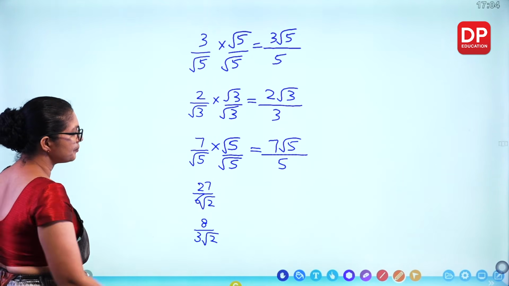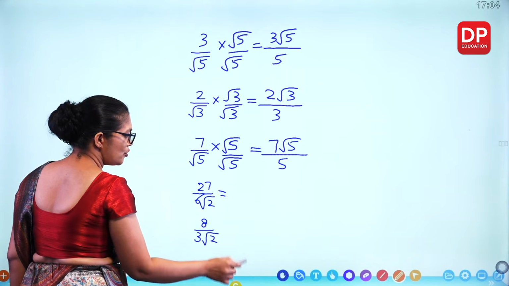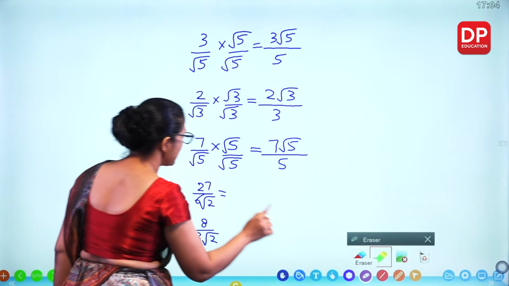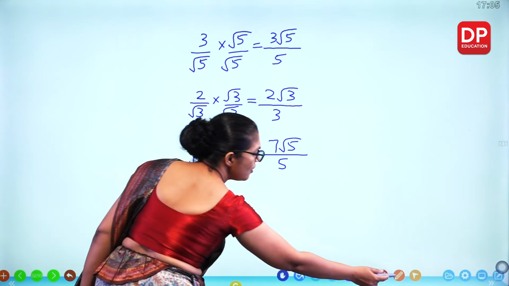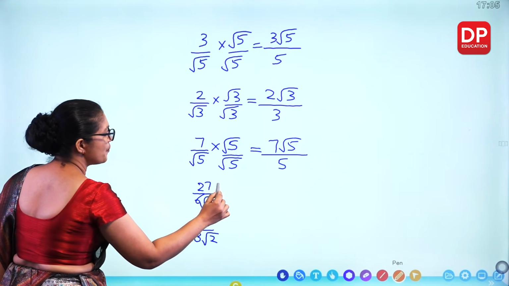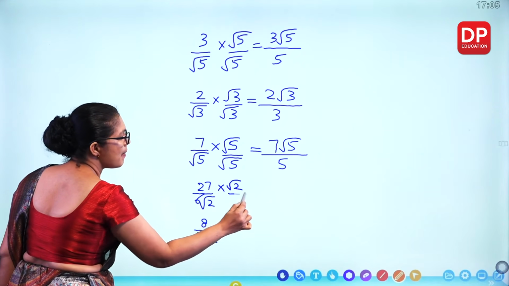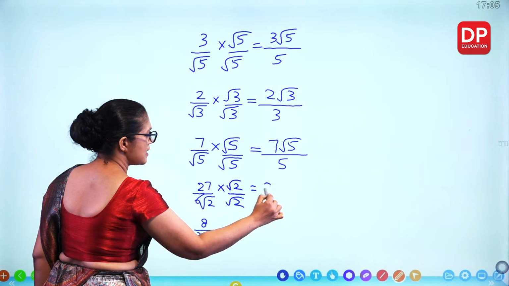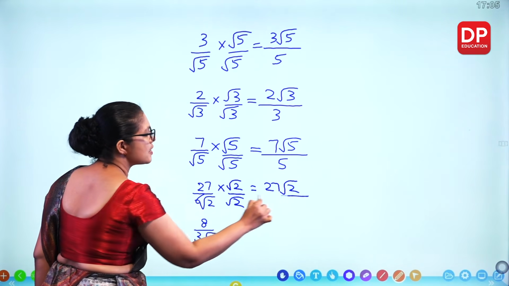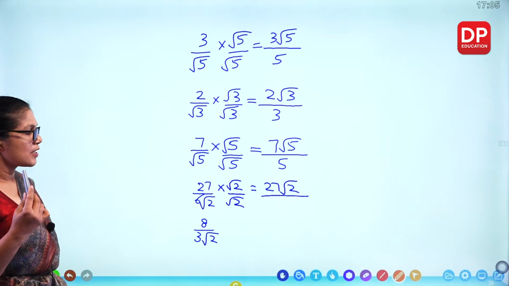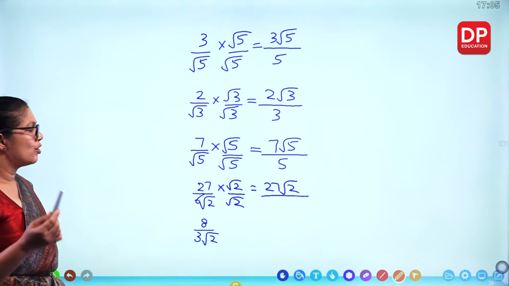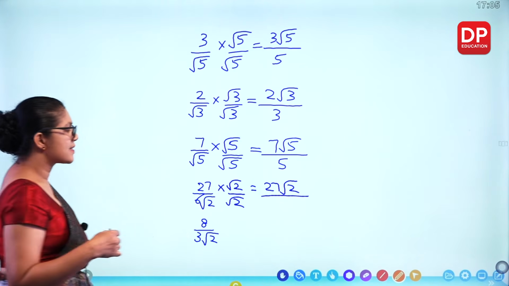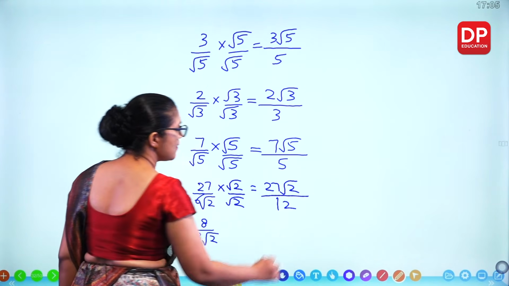This one, here you don't need to multiply by 6 there. What's the surd value? The surd value is root 2. So you just multiply by root 2. So what do you get here? 27 root 2 divided by root 2 times root 2, 2, and 2 times 6, you get 12.